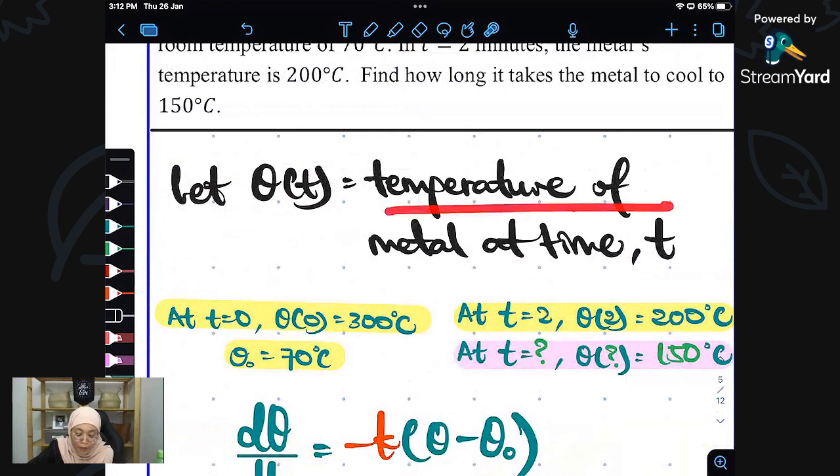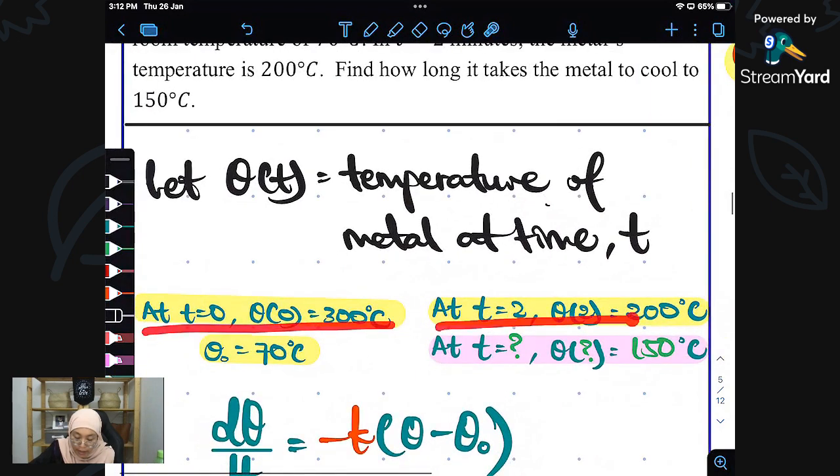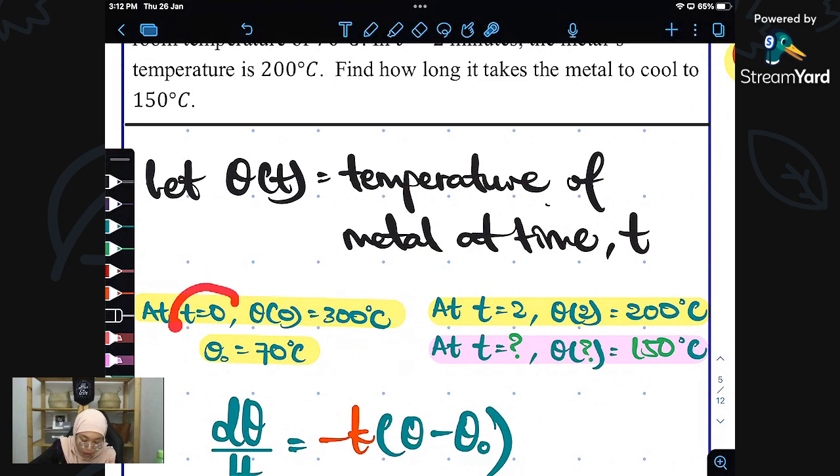So theta is the temperature of the metal at time t, and this is the information that I extract from the long sentence. So at time t, initially, the metal is 300, very hot.